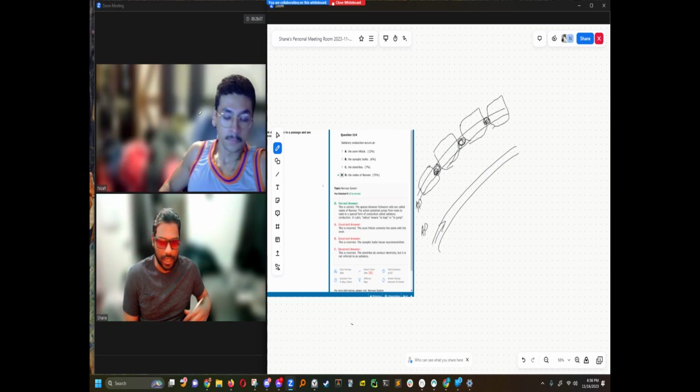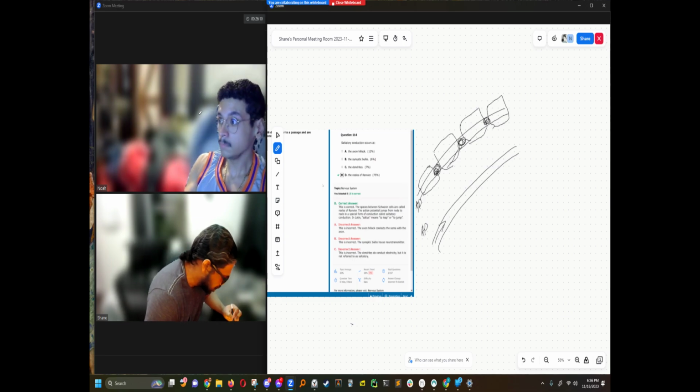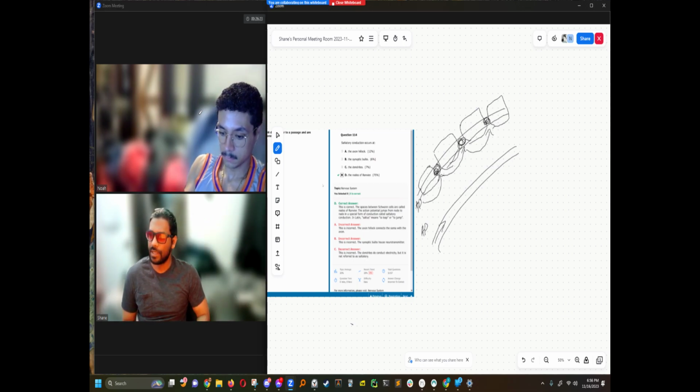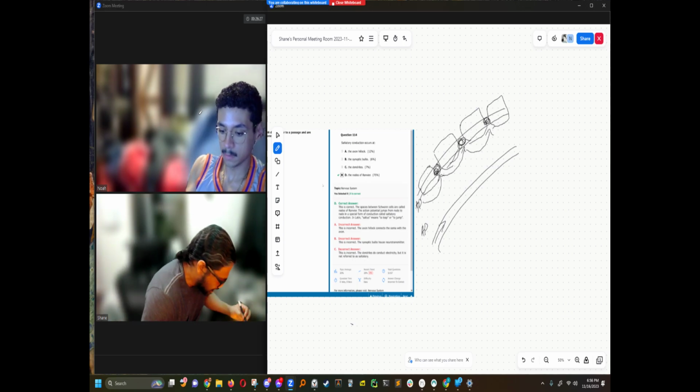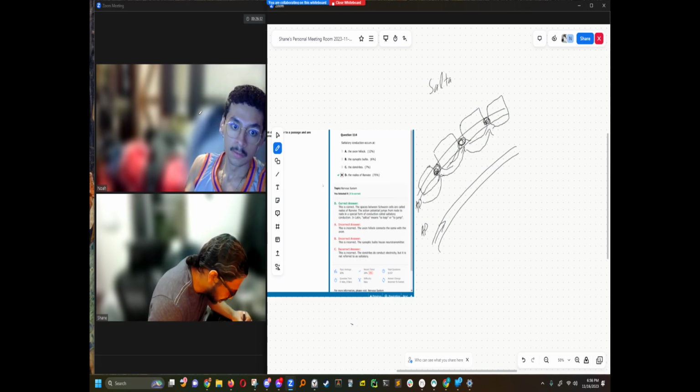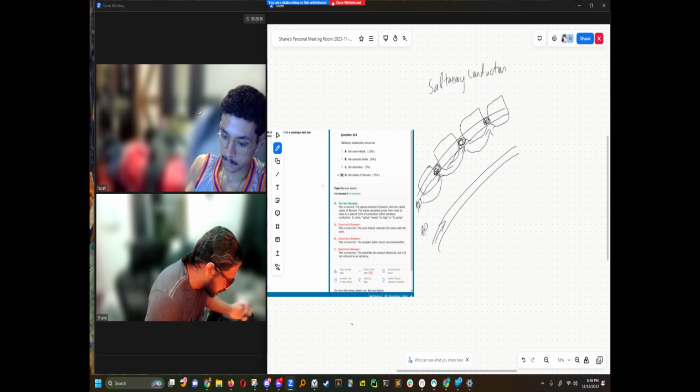For the action potential to travel through it, it's going to go to that node, and then to that node, and then to that node. And that's what saltatory conduction is. It's essentially a word that means jumping.